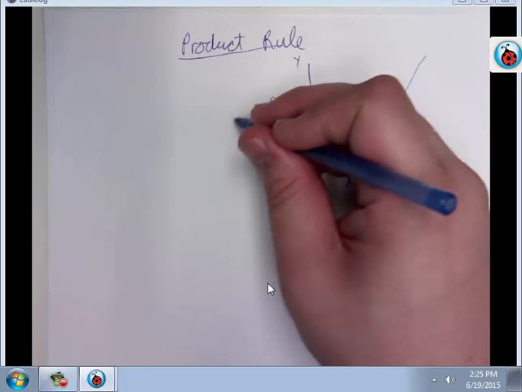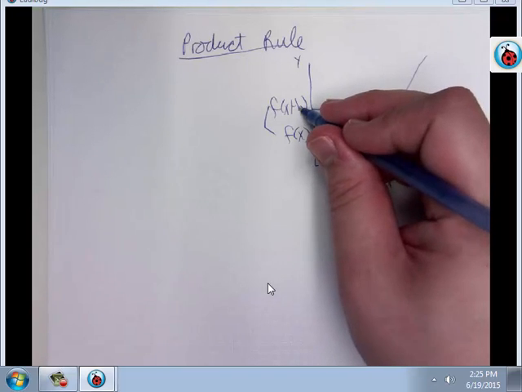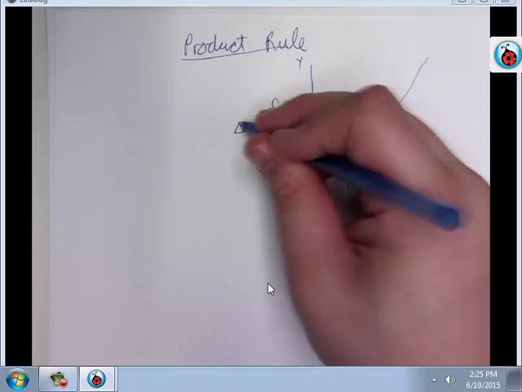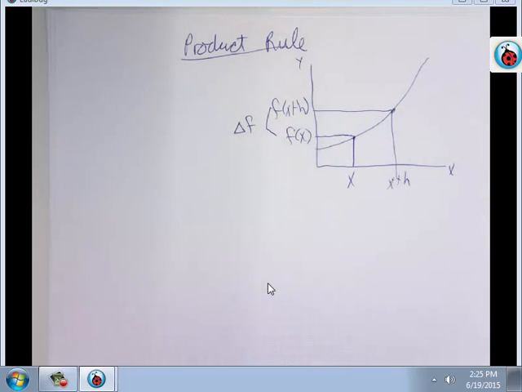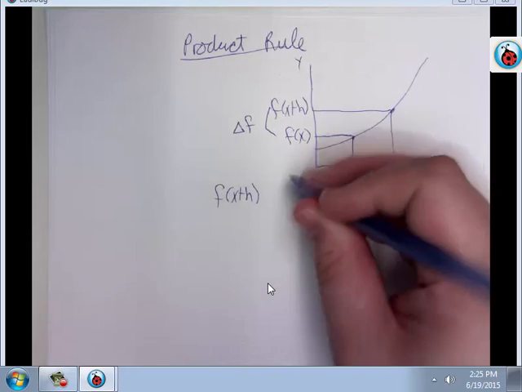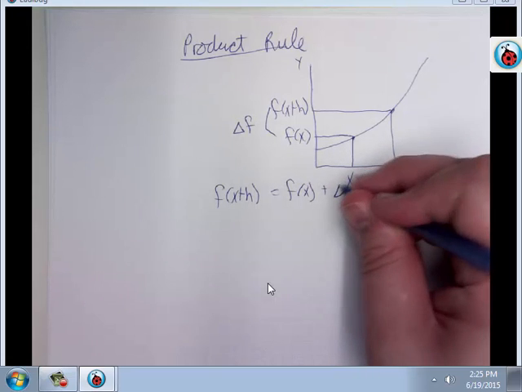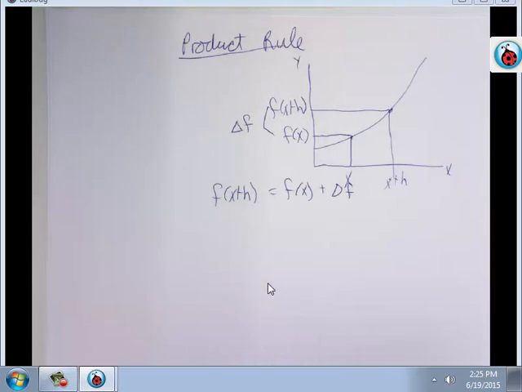And really there's something I can add to this f of x to get up to here. And we're going to call that delta f. So what do I mean? That means that f of x plus h equals f of x plus some change to f.